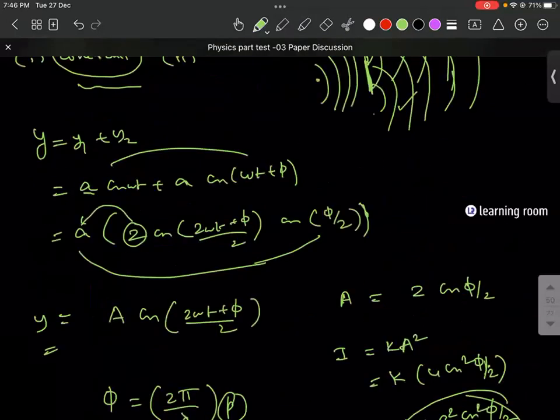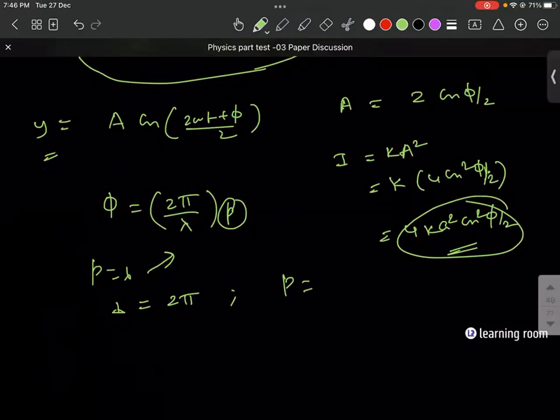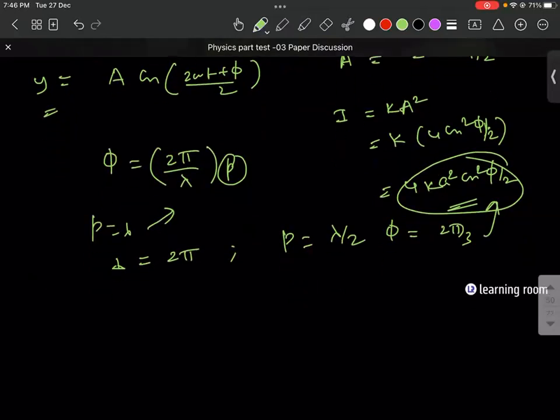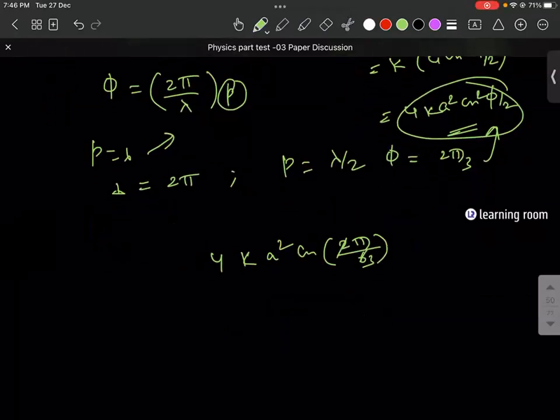Now what are they asking? The path difference is lambda by 3. Then what will be the phase difference? 2 pi by 3. So take this value and substitute it. So 4k a square into cos square of (2 pi by 6), that is pi by 3.